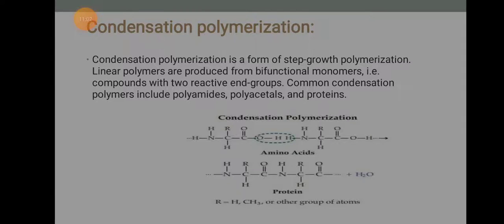Bifunctional monomers with two reactive end groups means that in one structural unit there should be an OH, or in another unit there will be an NH2, so that after condensation there will be a release of only water as a byproduct, nothing else. You can see how water comes out from this condensation polymerization, and if you start with amino acids, you will end up getting protein and water as the byproduct only.